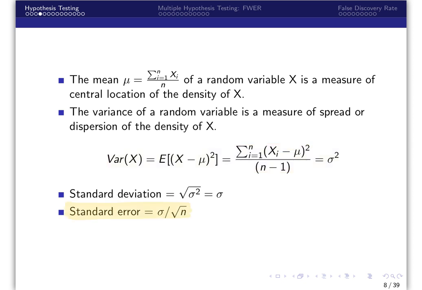The standard error of the mean, or simply standard error, indicates how different the population mean is likely to be from the sample mean. The standard error is the standard deviation divided by the square root of the sample size.